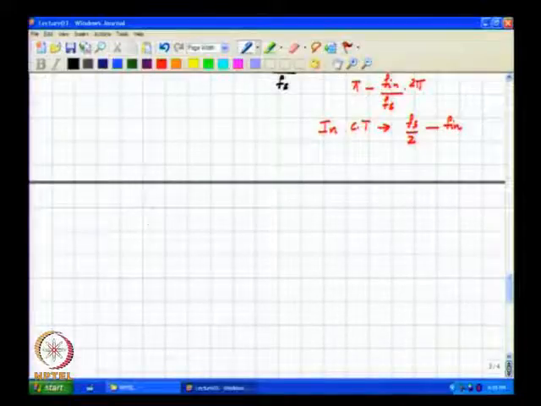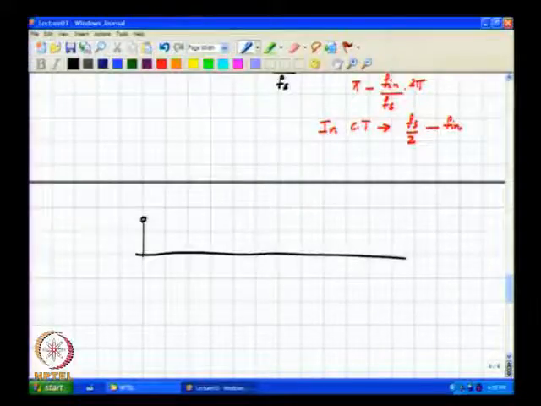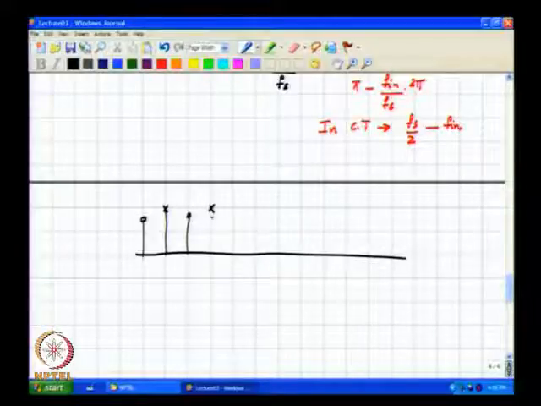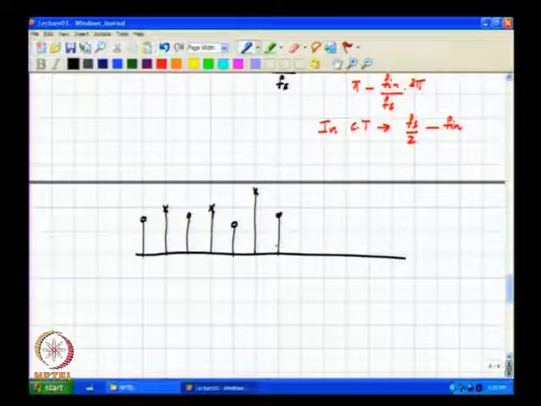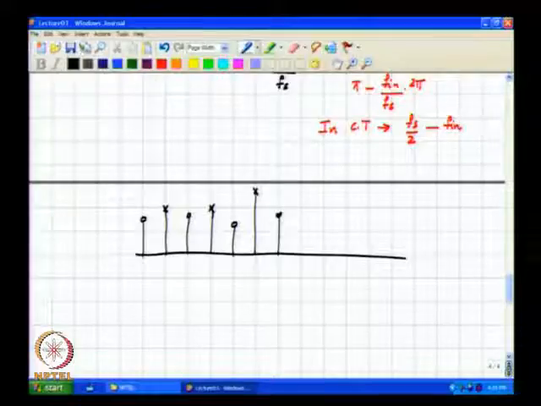If you think of what is really happening, ideally we were expecting, let us say, some sequence. The crosses correspond to one channel and the circles correspond to the other. This is the ideal sequence expected out of the whole system. Now, because of gain error, what is happening?